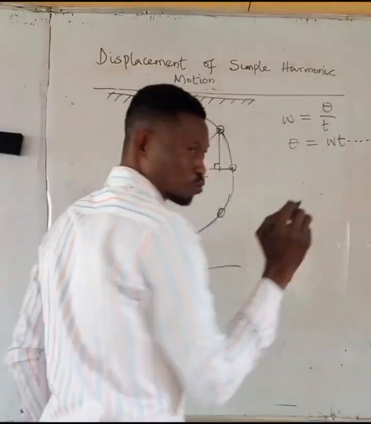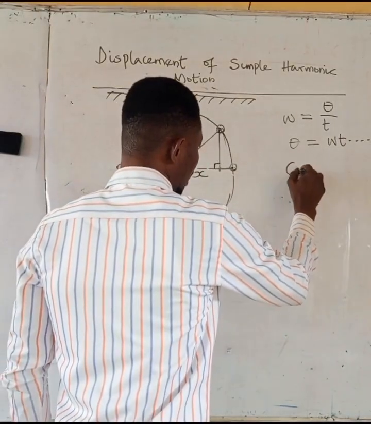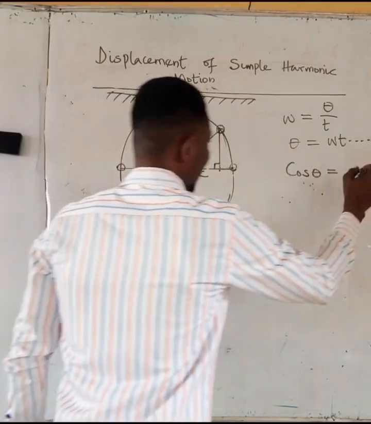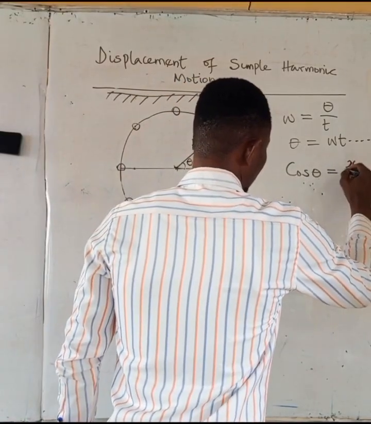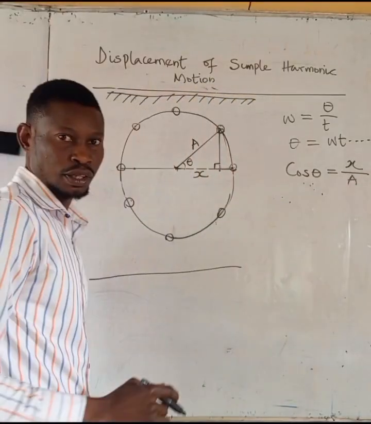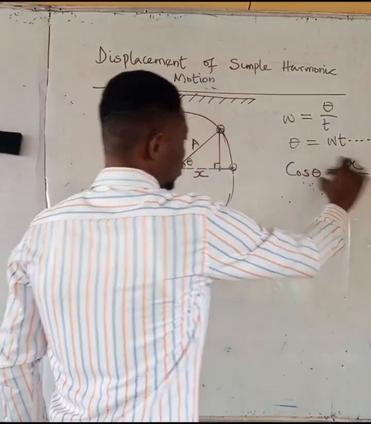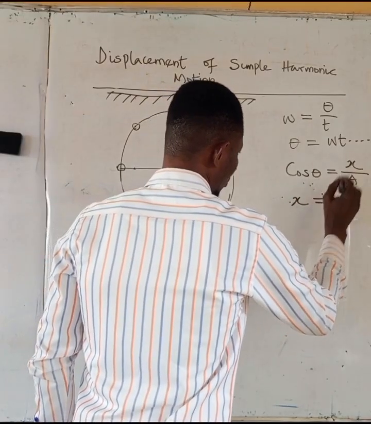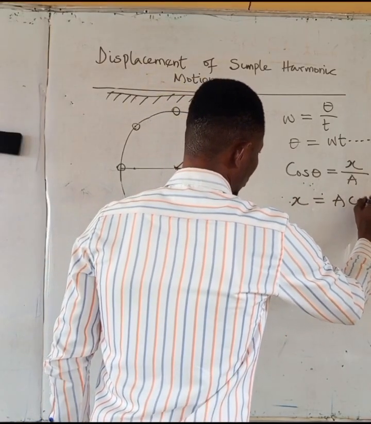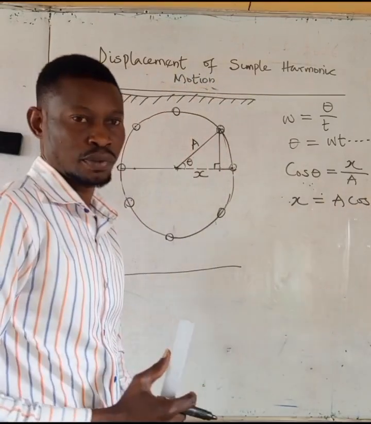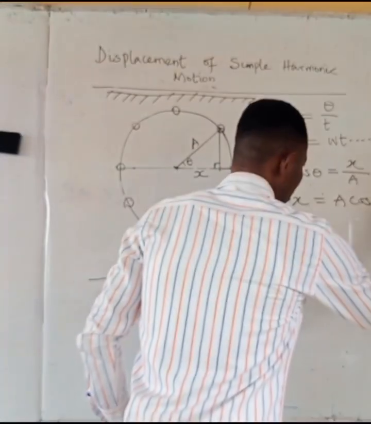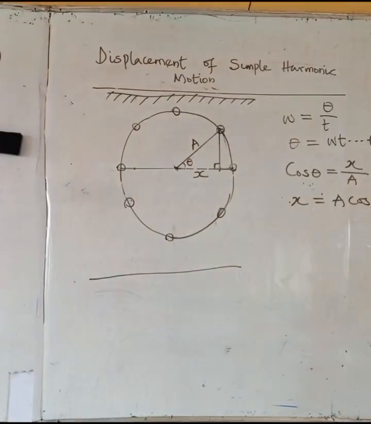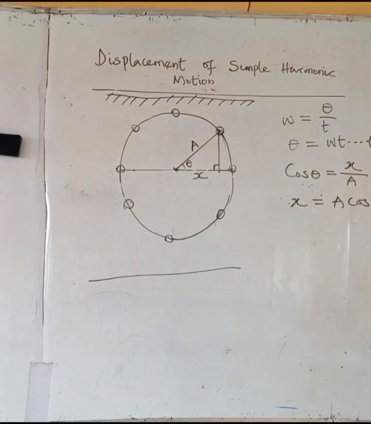So cosine of theta is equal to x divided by A. We can simplify this further, and we get that x is equal to A cosine theta. We may call this our second equation.